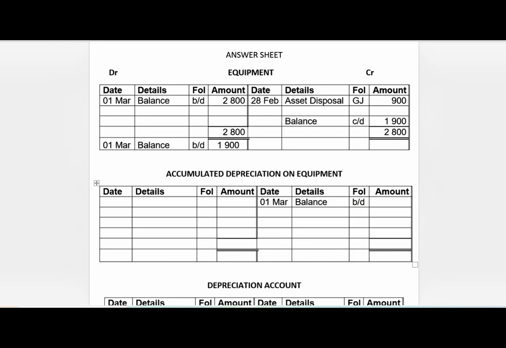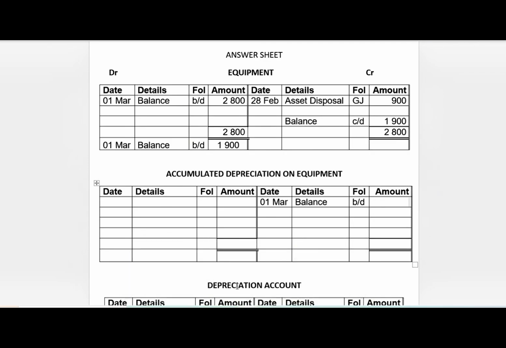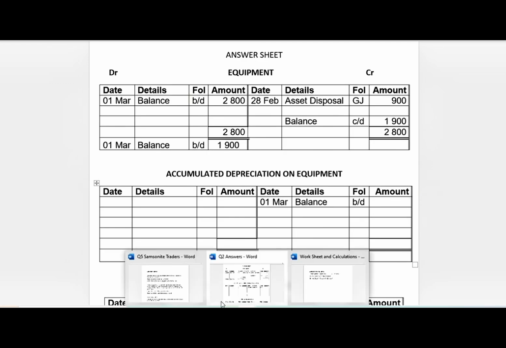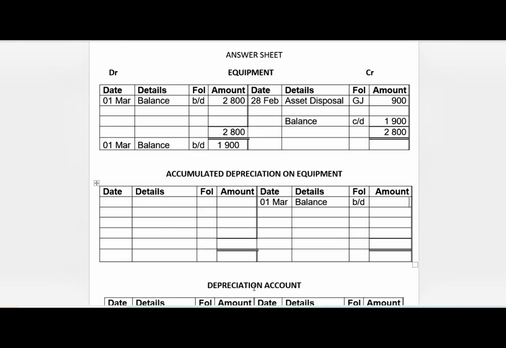Remember, our financial period started on the 1st of March 2014, so we check the opening balance of accumulated depreciation on that date. The information below indicates the opening balances. So we are done with the equipment. Now on accumulated depreciation, the opening is 543. Right, so we're going to go to our answer sheet and put 543. That is our opening balance.